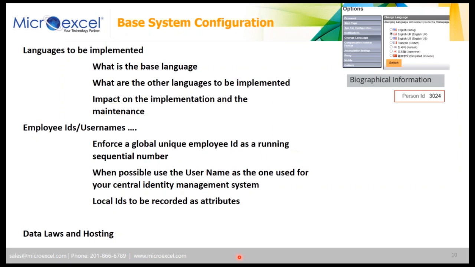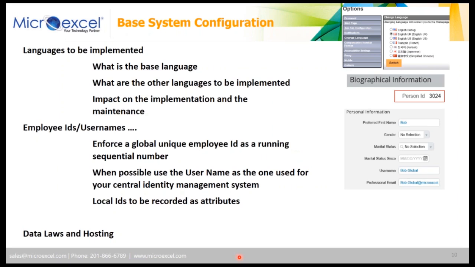The other important part is that our people are going to log in using a username. And if you have a central identity management system, is it Active Directory, is it LDAP, is it any of these central identity management systems, for security purposes you really need to make sure that the username you're going to use in SuccessFactors is in sync with that user identity management system.